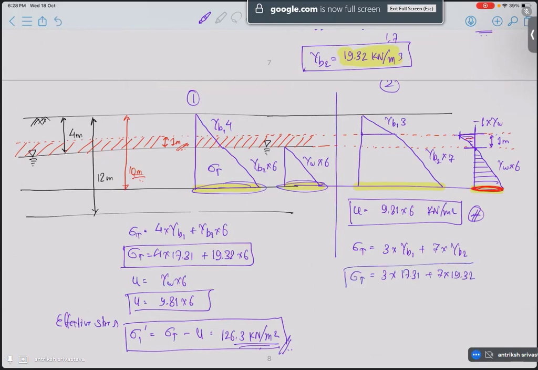And then we have sigma 2 dash, that is sigma T2 minus U. Sigma 2 dash will come out to be 128.32 kilonewton per meter square.